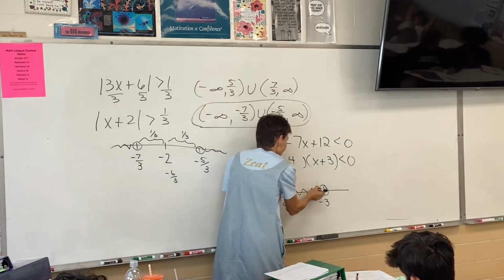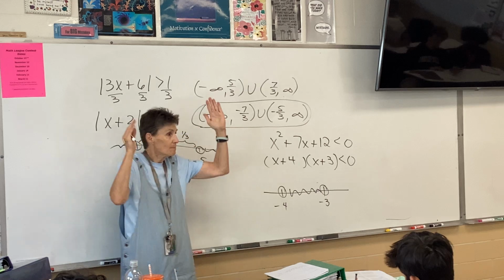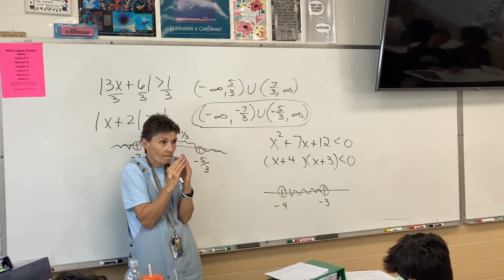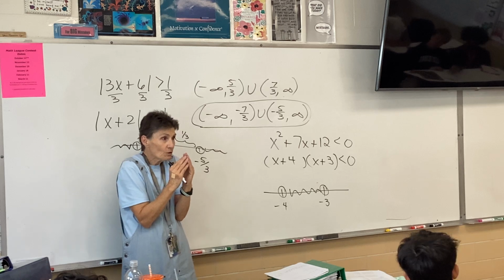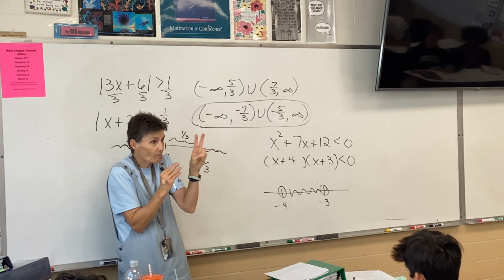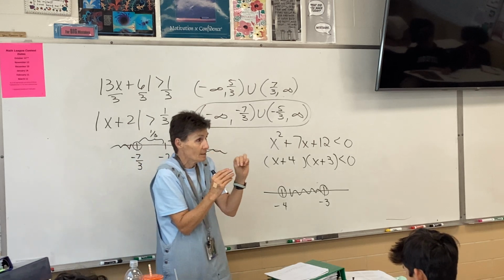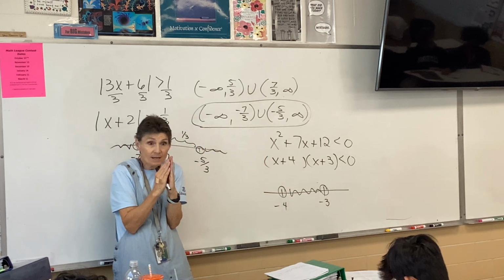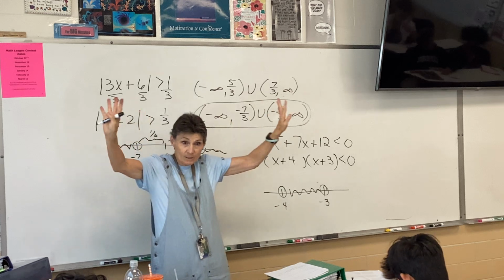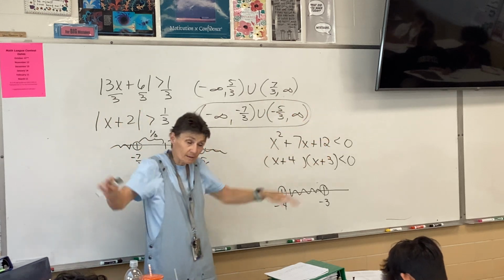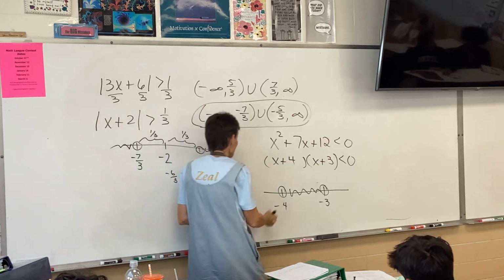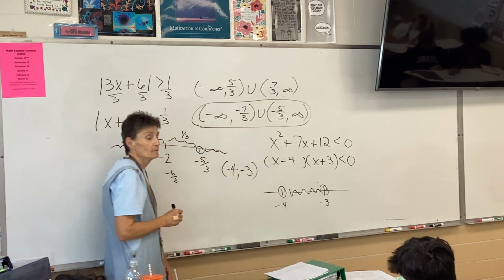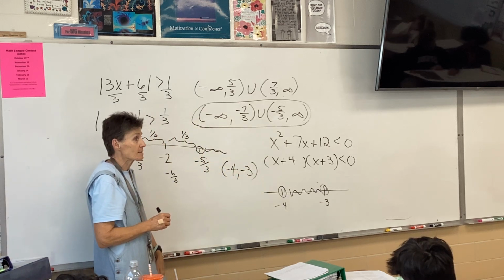Less than means inside your dots. If you have 2 dots on your number line, I don't care what kind of problem it is, less than is going to be inside, greater than is going to be outside. So the answer to my question is -4, -3. Open dots, parentheses.